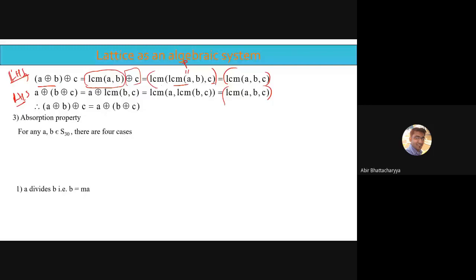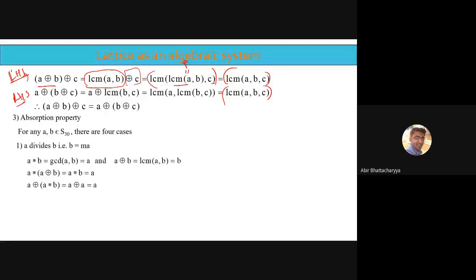The first case is A divides B. When A divides B, we can write B equals MA, where M is any positive integer. Now A star B, that means GCD of A, B. Since A divides B, obviously GCD of A, B equals A, because A divides B means A is the minimum one and B is the maximum one. Like 2 divides 6, so what is the GCD of 2 and 6?